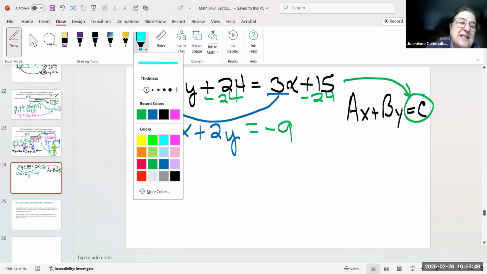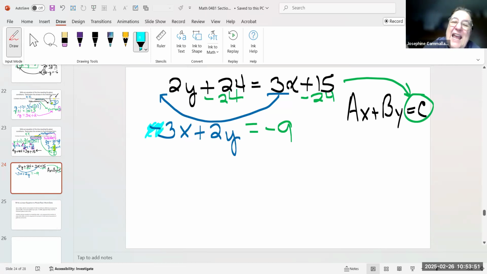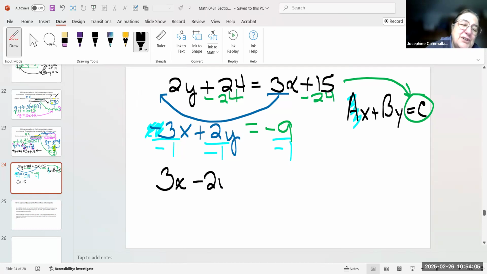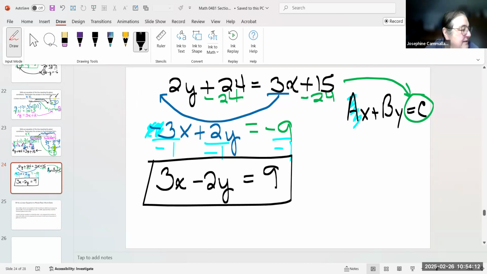Well, don't forget, A can't be negative, so I'm dividing everything by negative 1. Final answer, 3x minus 2y equals 9. That is my equation.